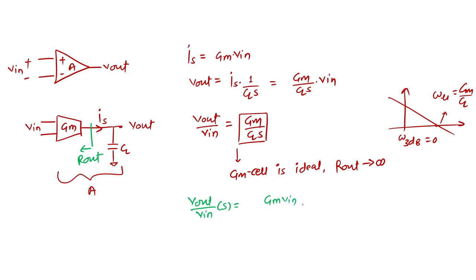This current is charging, and then we have two things: this current times G out plus 1 upon CLS. G out is nothing but 1 upon R out. So this is the practical case.